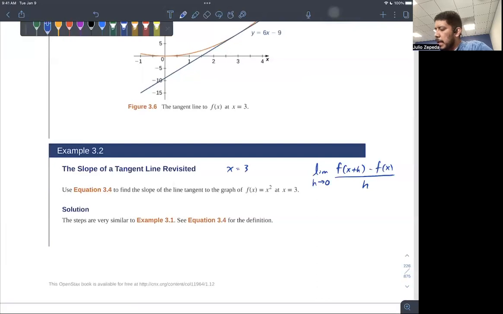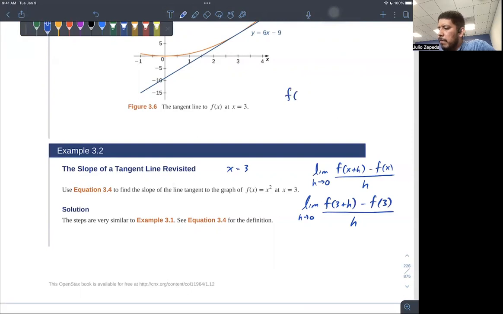Okay, and so we have the limit as h approaches 0 of f of 3 plus h minus f of 3, divided by h. Now we could ask ourselves, what is f of 3 plus h?